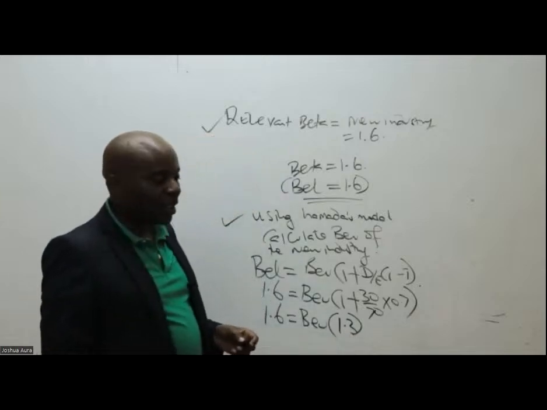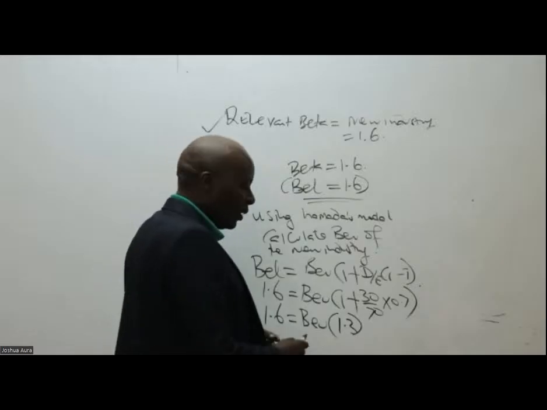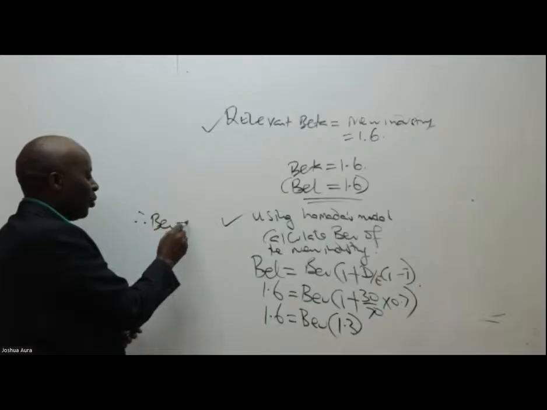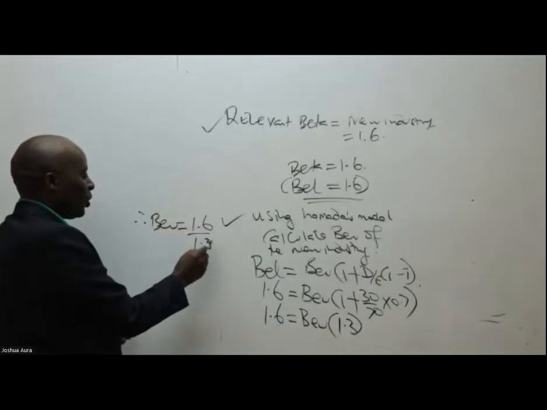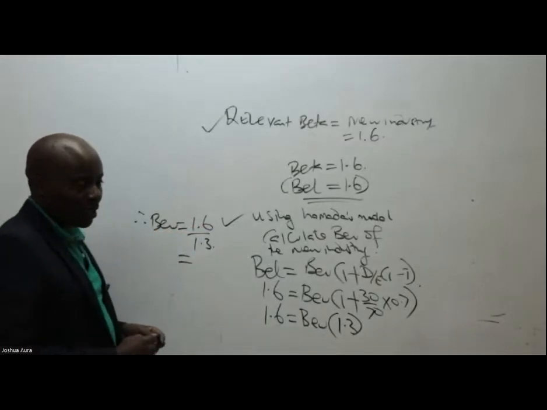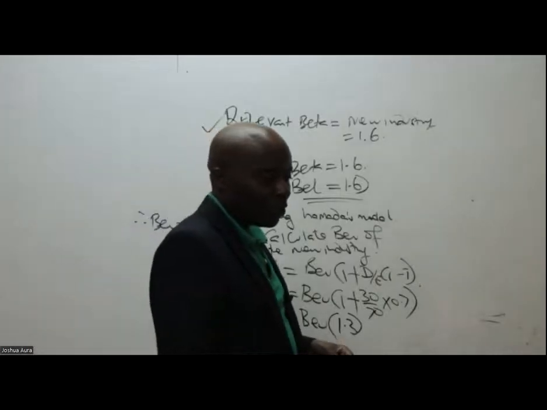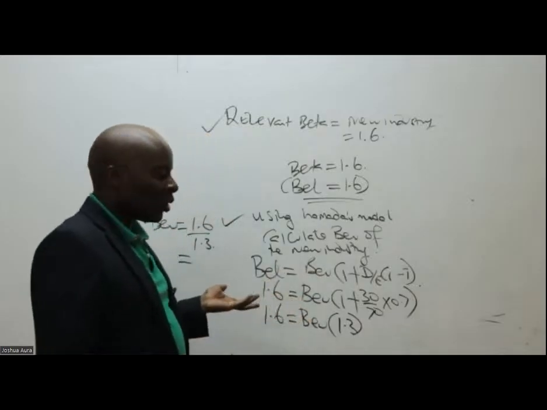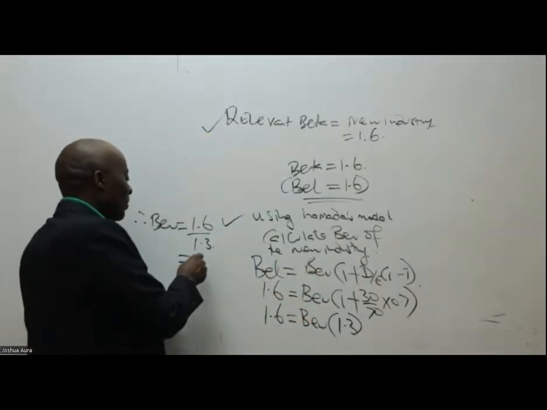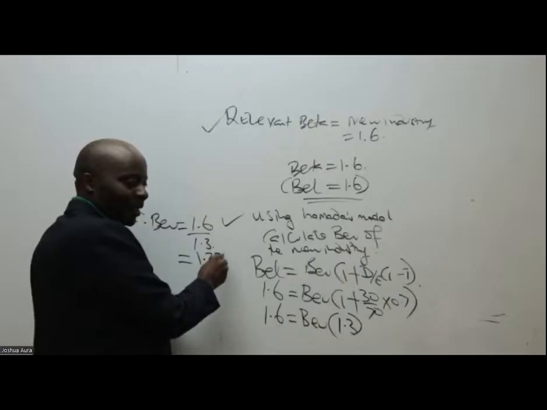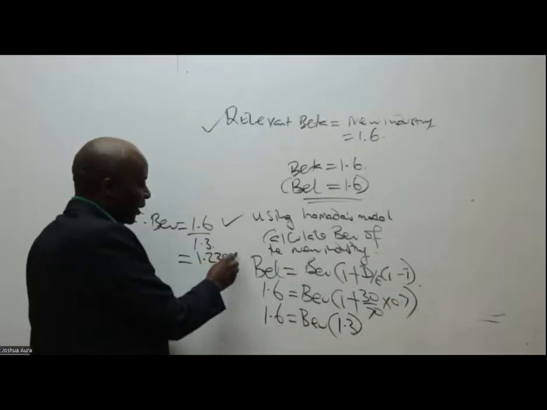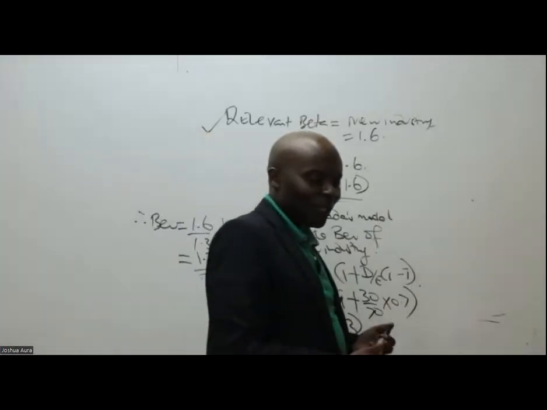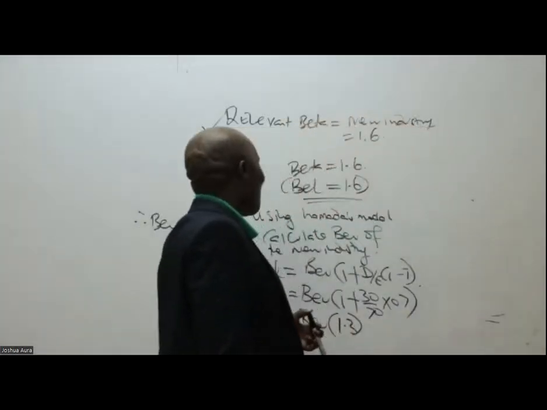So at the end of the day, my BEU will be equal to 1.6 divided by 1.3, which is 1.23. You get that BEU of 1.23, with many more decimals. Thank you so much, that is wonderful.